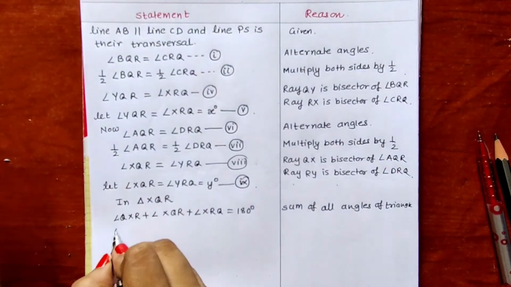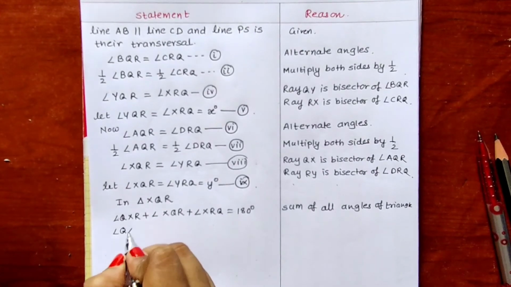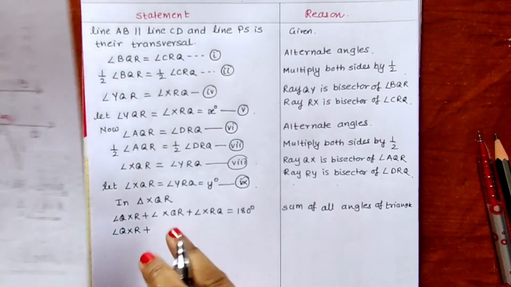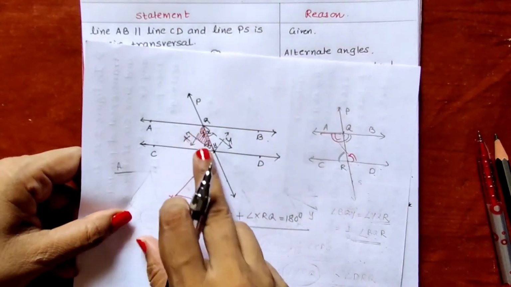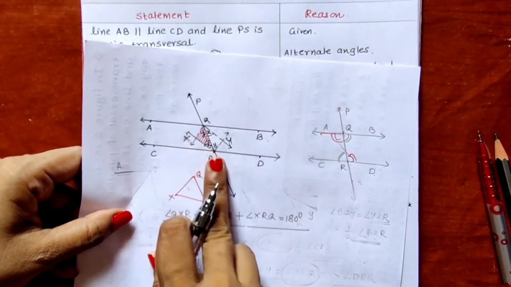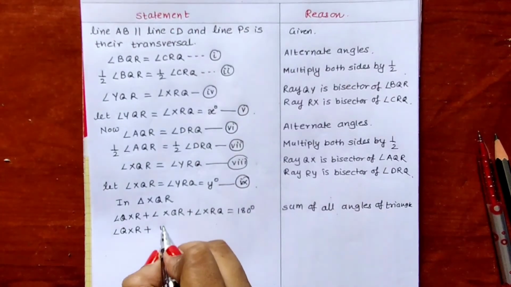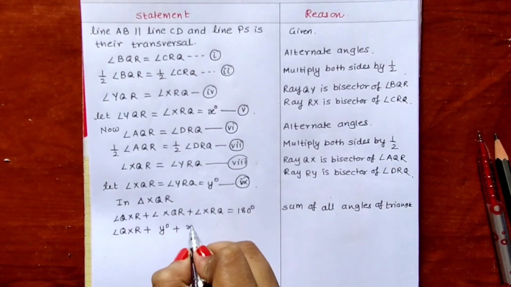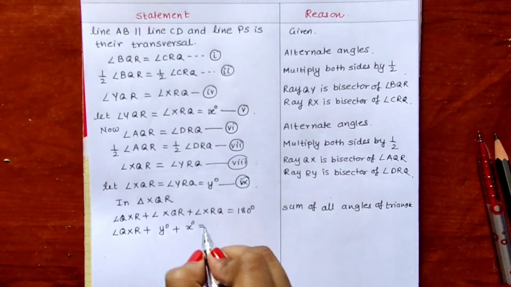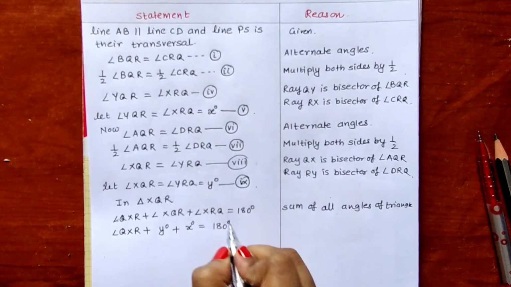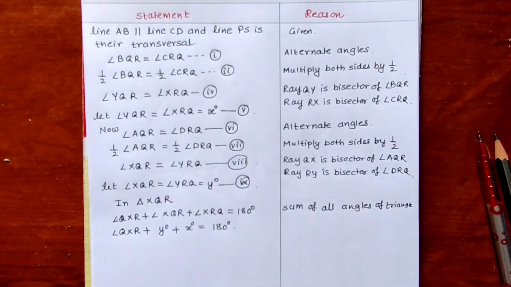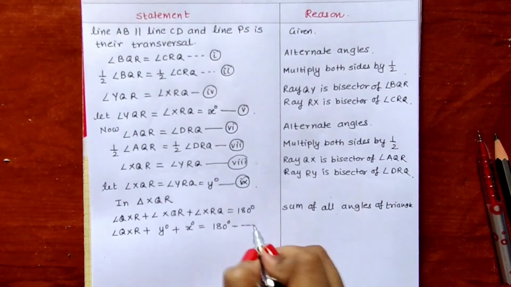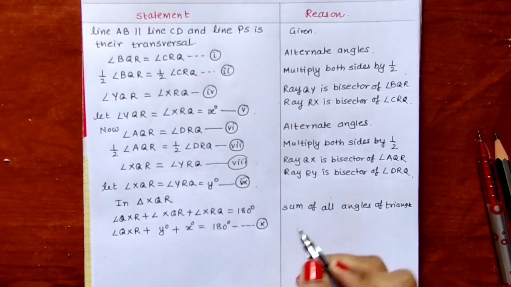This angle QXR can be written as it is plus XQR. XQR is Y degree and XRQ is X degree. So this is Y degree plus X degree is equal to 180 degree. This I will be giving 10th one.